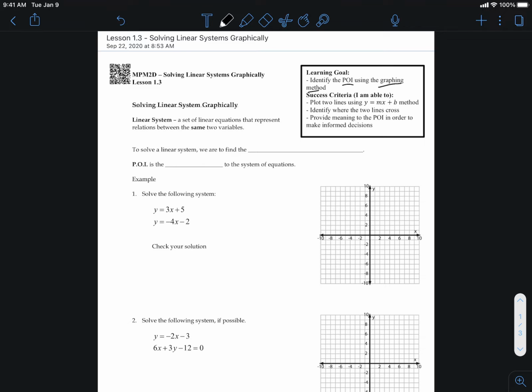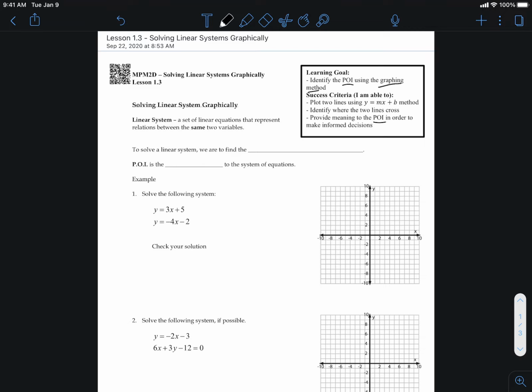Your success criteria is to be able to plot the two lines using y equals mx plus b, which means your lines better be in y equals mx plus b. If they're provided in standard form, you better switch them. Then identify where the two lines cross, and then contextualize or provide meaning to what the POI means in that particular situation.